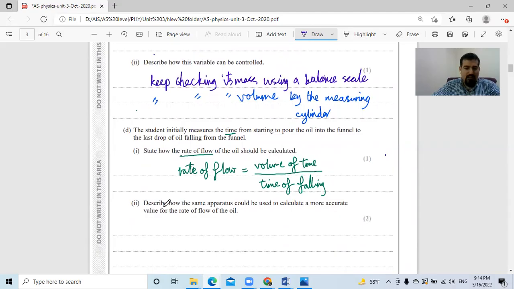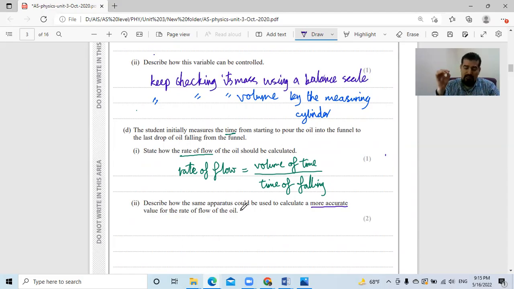Part double I. Describe how the same apparatus could be used to calculate a more accurate value of the rate of flow of the oil. Now, the rate of flow of the oil, I told you before, we can use a data logger connected to a timer, or we can record a video of how the oil flows, and we will be more accurate.